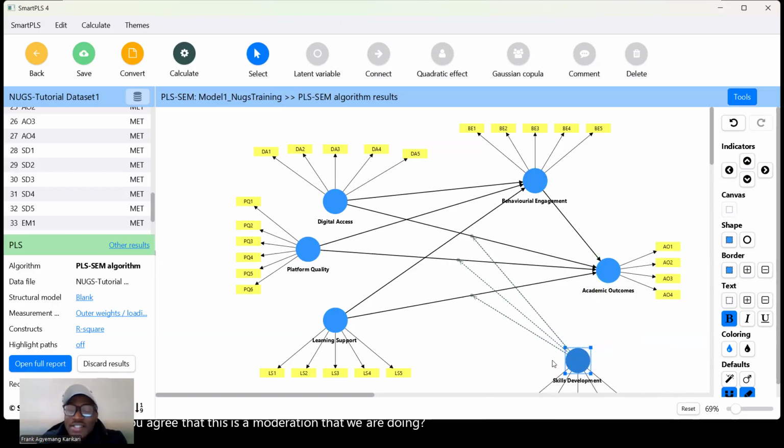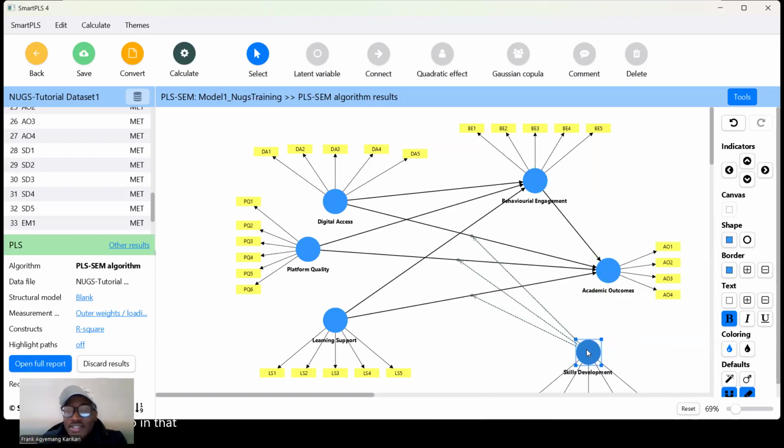So in the lessons, we said that moderation, on a model, what we do is that we connect the lines. Instead of the construct, we connect it to the line. So what I'm doing here is a moderation. And we discussed that we have two types of moderators, right?